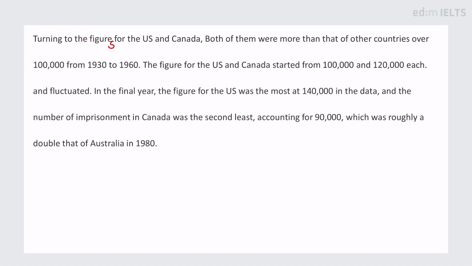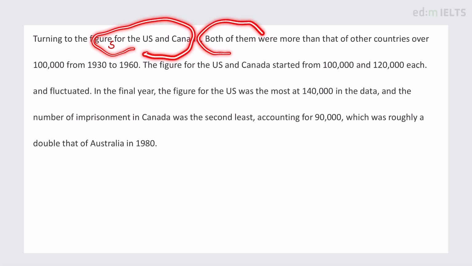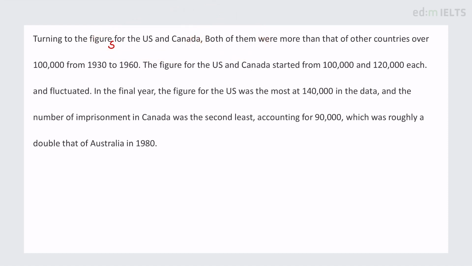I think it's better if there's two separate charts rather than looking at things in the same chart. Like if you're moving from a bar chart to a pie chart, turning to the pie chart. I don't really like it here, but if we're going to use this, we don't use the same subject like they or them. It sounds a bit weird.